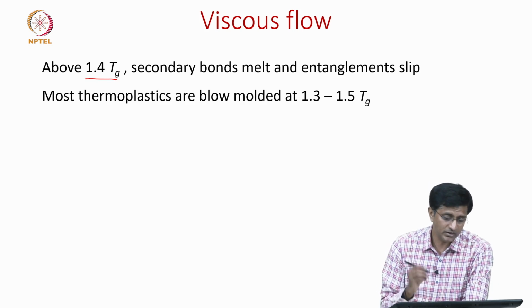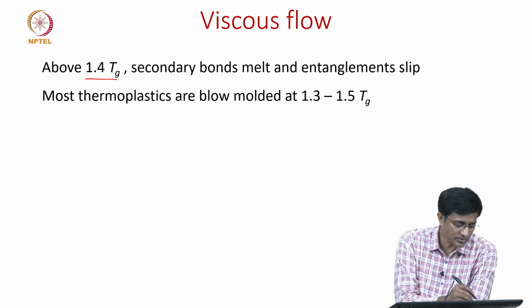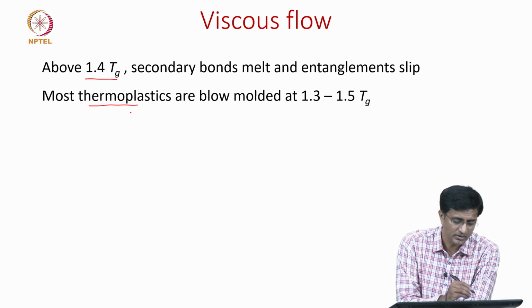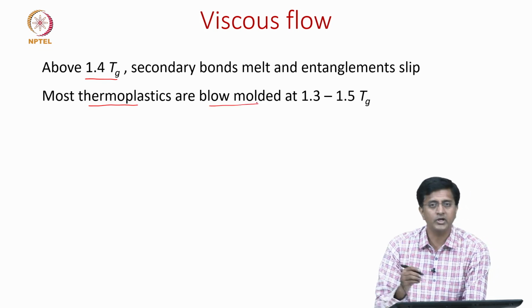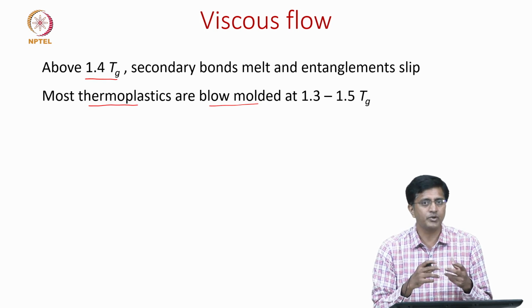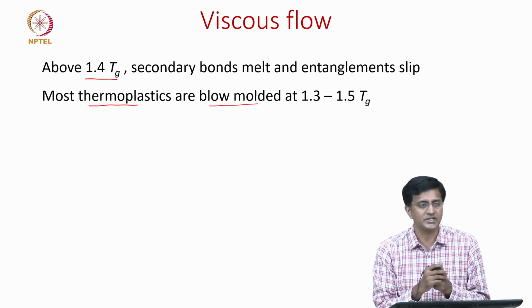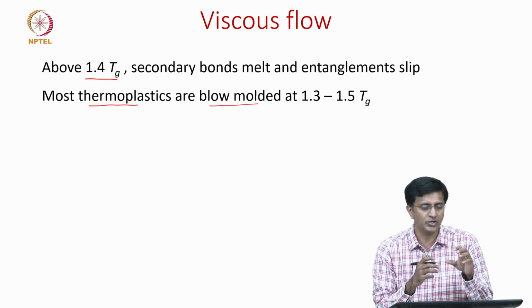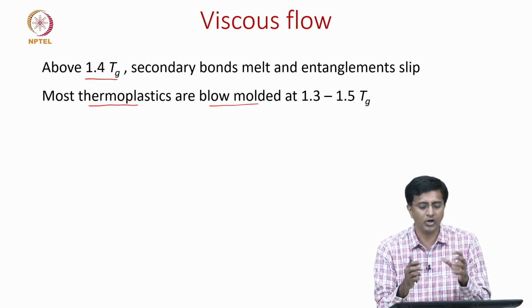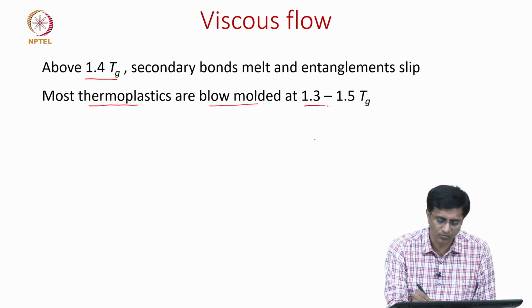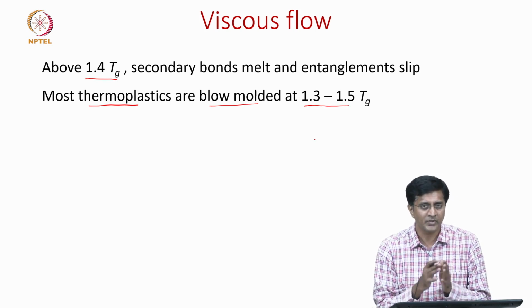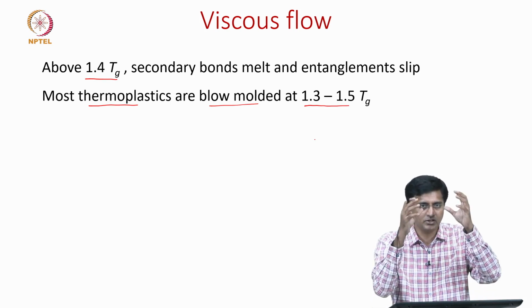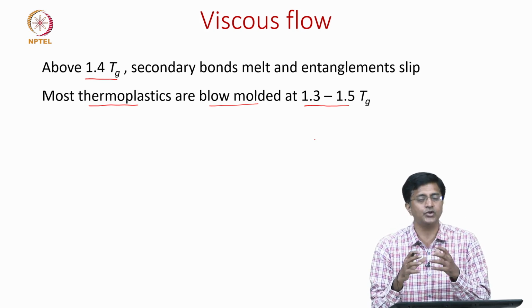So usually this is an advantage because most thermoplastics we blow mold them. Blow molding is a manufacturing process to prepare hollow components such as water bottles. Usually what they do is they heat the polymer to temperatures about 1.23 to 1.5 times the glass transition, because at that temperature we have seen the modulus is less and it is free to flow.